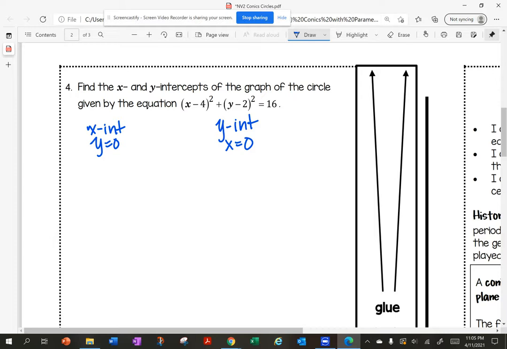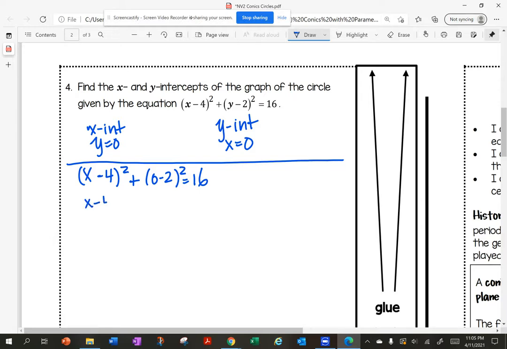So substituting into my equation, I'm going to start out by substituting y is 0 and solving for x. So x minus 4 quantity squared plus 0 minus 2 quantity squared equals 16. So I have x minus 4 quantity squared plus negative 2 quantity squared, which is 4, equals 16.